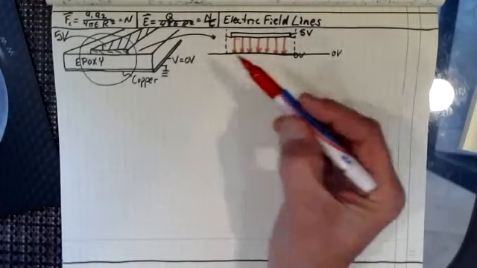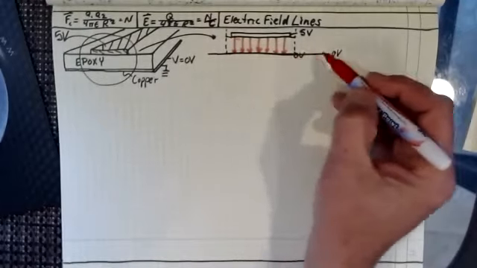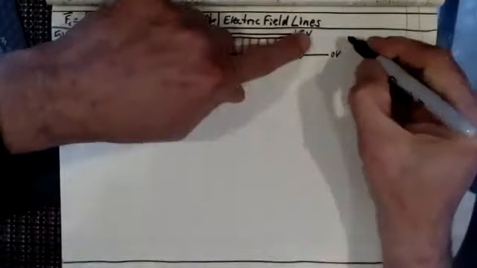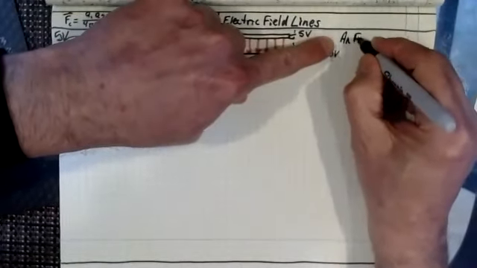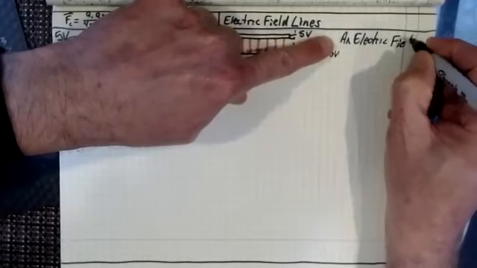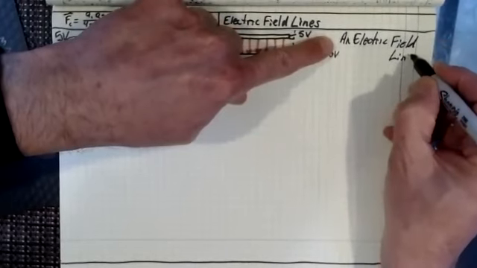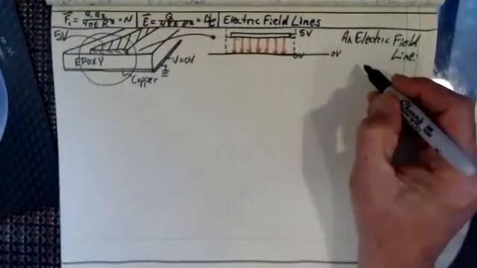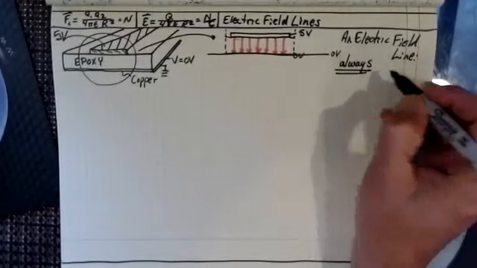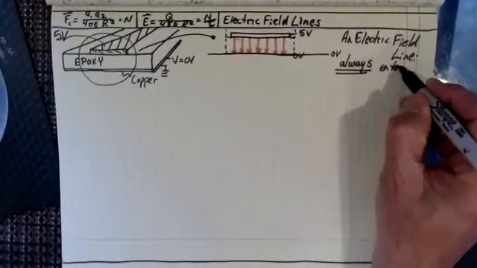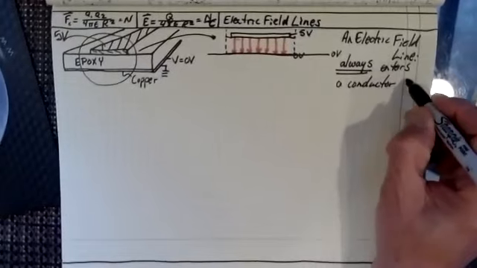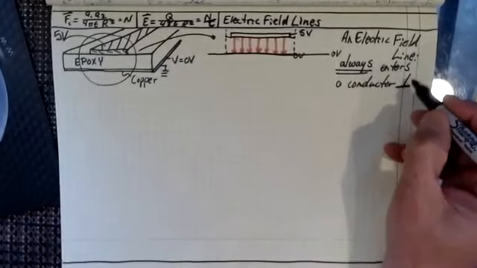Here's the rule of thumb: an electric field line always, let's underline that, enters a conductor perpendicularly. Of course, that's not drawn perpendicularly.